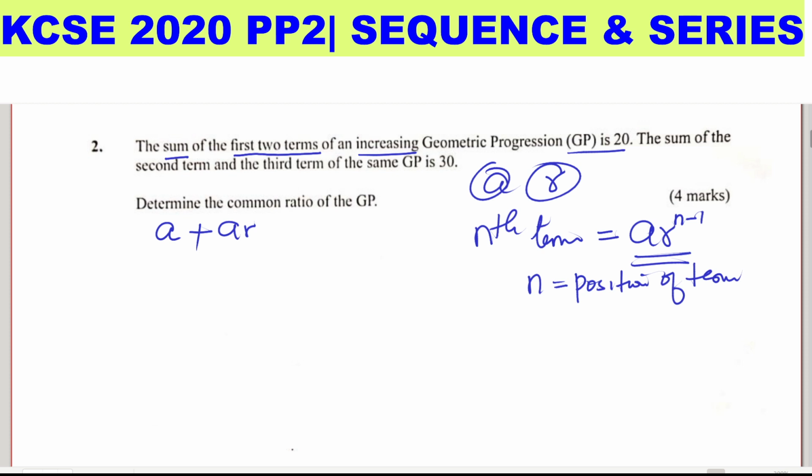If you want the first term, n will be 1. If you want the second term, n will be 2, and so on.